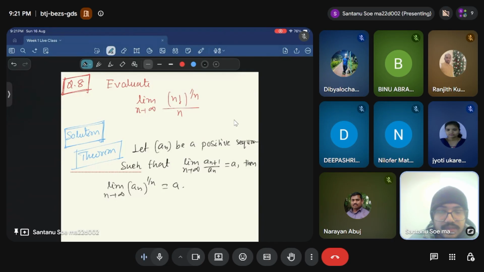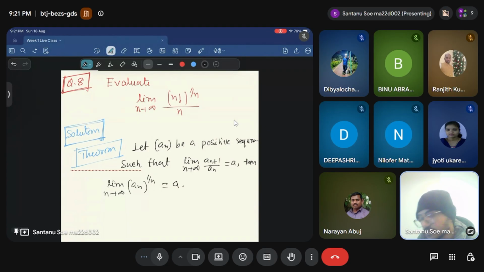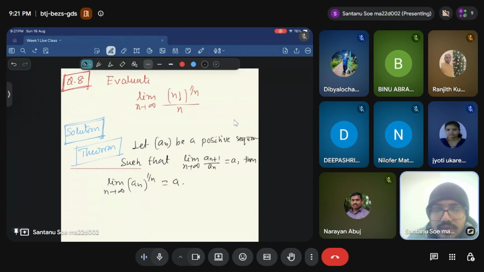So please apply this theorem for this problem and try to find out what will be the limit of n factorial to the power 1 by n, whole divided by n. Okay, so can anyone tell me what we should take a_n to be for this question? Ranjit, can you tell me?